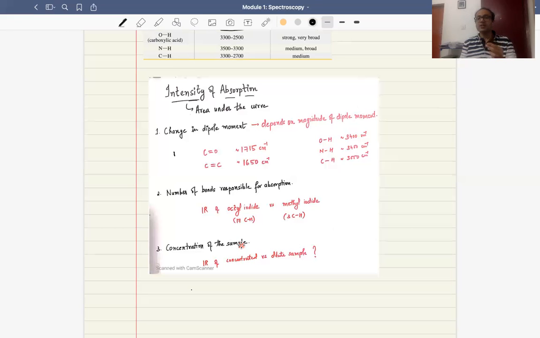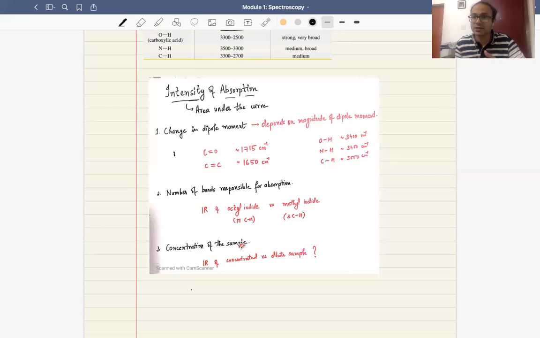So if you require a very good IR spectrum, you need to give some minimum good quantity of the compound. Only then will you get pretty intense and clear peaks on the IR spectrum.